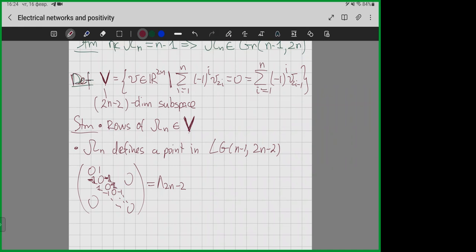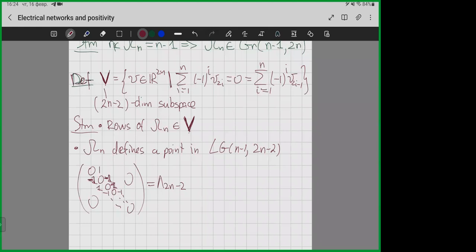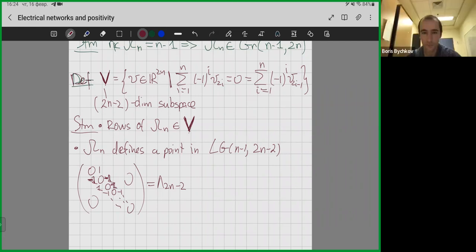Такая матрица только в R2N в правильном базисе, а там ничего такого хорошего не будет. Если I'm not cheating here, we have the polling basis for the V.